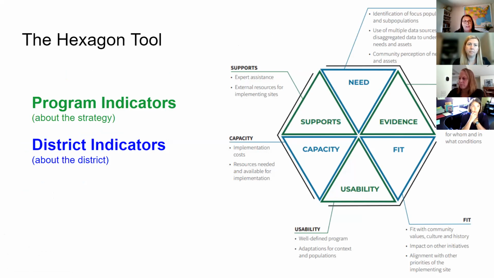There are program indicators, supports, evidence, and usability, which are questions that you ask when you're looking at that particular strategy. The district indicators, need, fit, and capacity, are the indicators that you address as a district when you're determining whether that strategy is going to work for you or not.